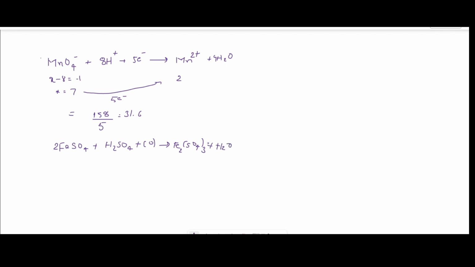You can directly write this equation as Fe2+ oxidized to Fe3+ by losing 1 electron. So what is the equivalent mass here? Equivalent mass equals the molecular mass of FeSO4, that is 152 grams, divided by how many electrons transferred? Only 1. So the equivalent weight of FeSO4 in this reaction is 152 grams.